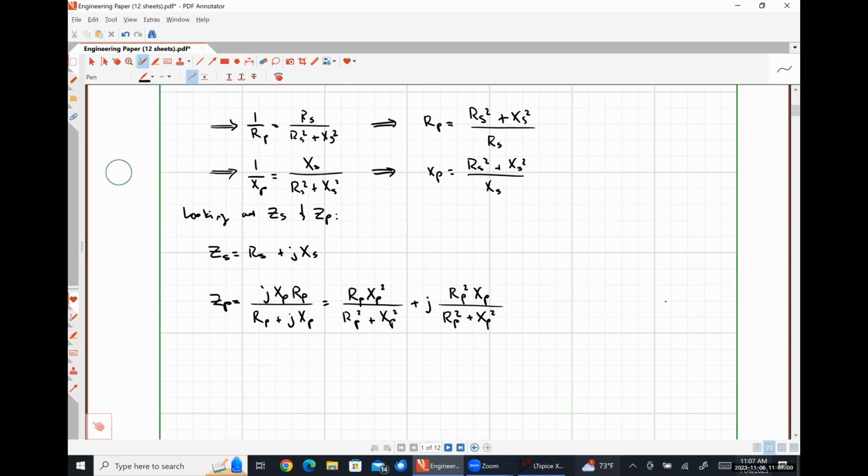Now letting the real parts of the impedances equal each other, that's going to give us R_S is equal to R_P X_P squared over R_P squared plus X_P squared.